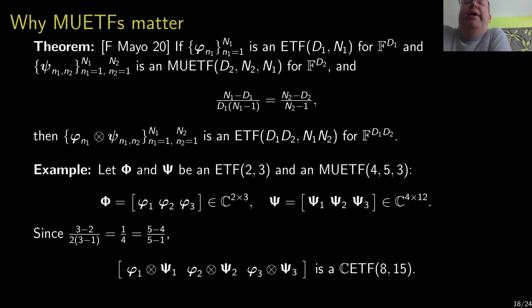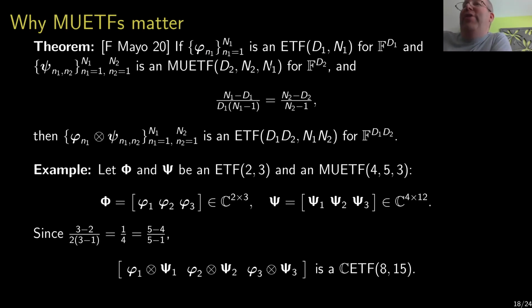So Ben and I, this is actually from December, but it was put on the archive this year. Yeah, nothing great has happened in 2020. This is actually from 2019. And so what we have is one ETF, and then I have this paired up mutually unbiased ETF.